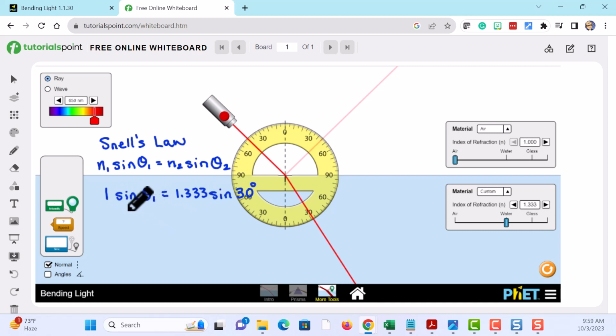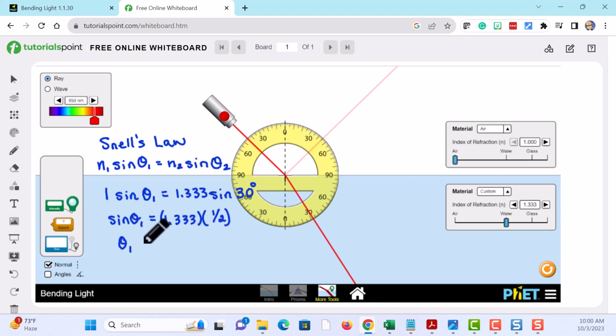Well, 1 times sine of theta 1 is just sine of theta 1. And sine of 30 degrees is 1/2, so we have 1.333 multiplied by 1/2. And then we need to take the inverse sine of both sides.